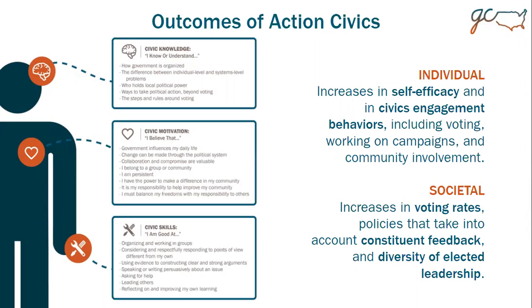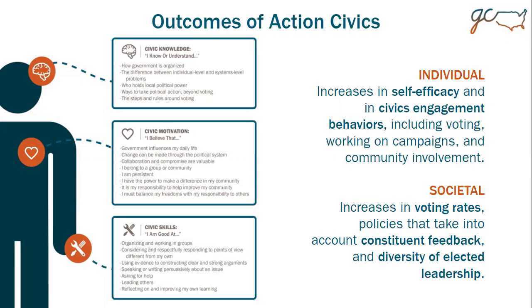So once you go through this process with the students, the outcomes that we hope to address and to see are 3 critical areas. The first is civic knowledge. So what do they actually know and understand about government, about who holds local political power, and if they recognize an issue they want to make change on, they know steps or ways that they can actually take action on it.